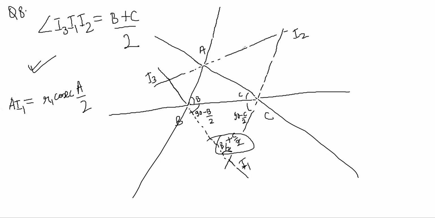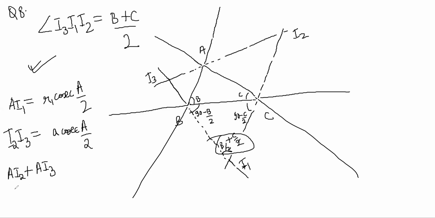AI2, no, we have not done. No, he has done it, I think. AI2 and AI3 we wrote, no? We have found I2, I3. He has proved that I2, I3 is equal to A cosec A by 2. And the way we got it was AI2 plus AI3.